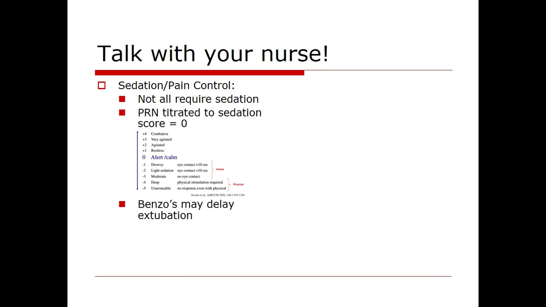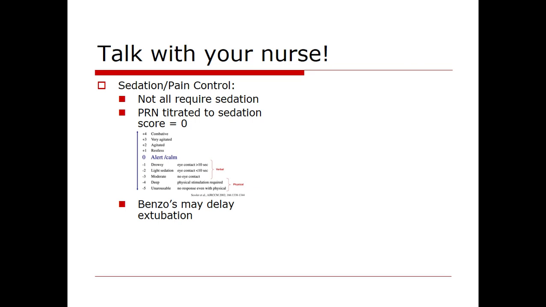And 50% of intubated patients ultimately require no sedation. As a side note, I don't think I'm one of those 50%, and if you intubate me, I would like to be sedated, but it's said that 50% of patients don't need any sedation. And if you do apply just routine continuous infusions of sedatives, you ultimately delay extubation when the time comes.